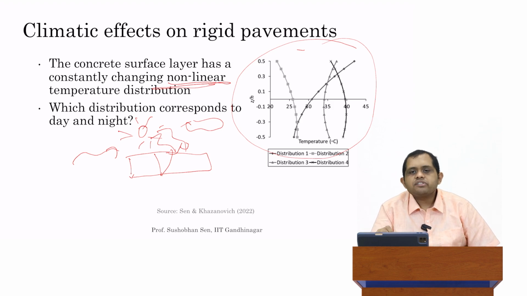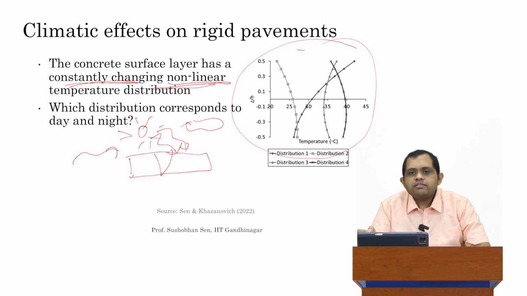Generally, as we'll see, it tends to be more quadratic in nature. So you have a non-linear temperature distribution, but it is a constantly changing temperature distribution, as the angle of the sun is changing, as the air temperature is changing, as wind is changing, as cloud cover is changing, etc. So basically, as the weather is evolving, the temperature distribution through the pavement is also changing.